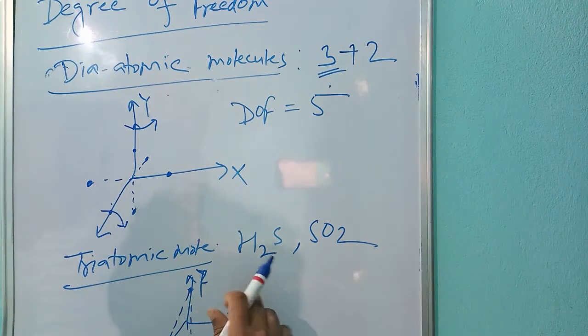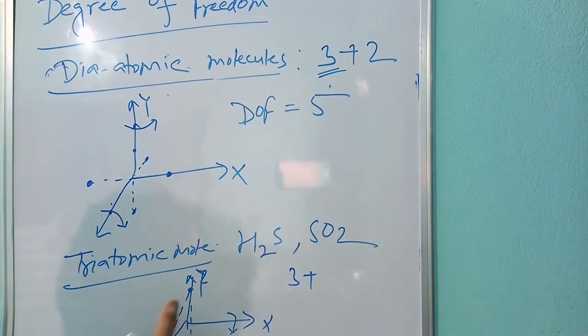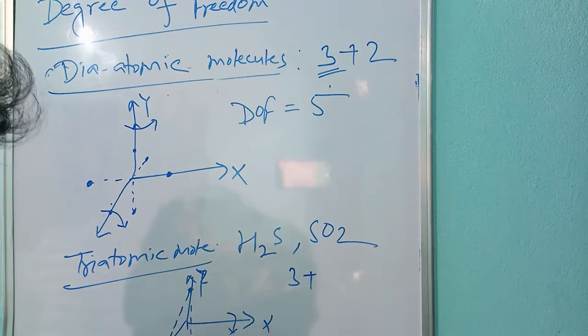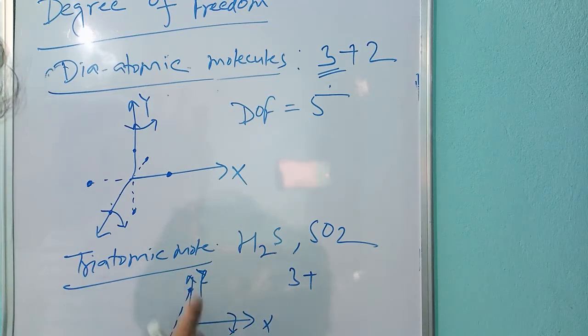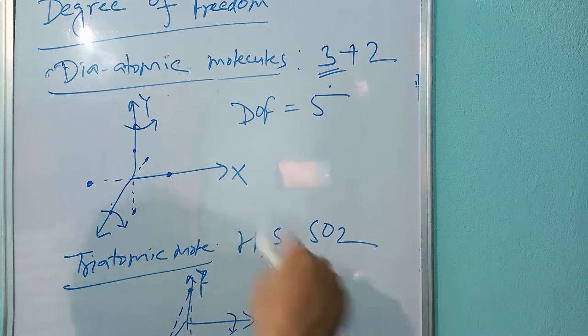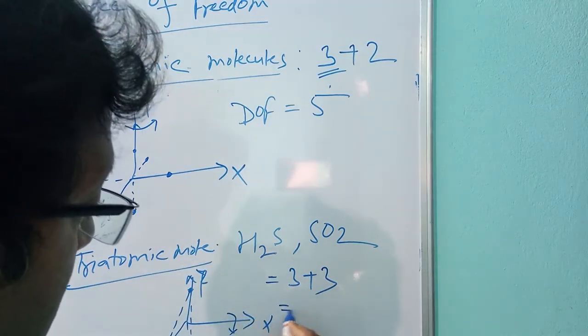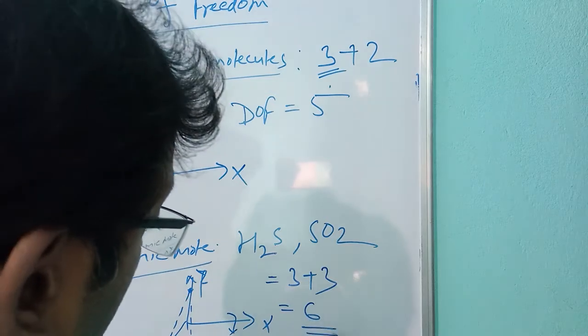So in this case there will be 3 translational motion plus 3 rotational motion around the axes. There are required 3 planes, X, Y, Z. So that's why in this case there will be 3 rotational motion around these axes. So that's why in this case the degree of freedom will be equal to 6.